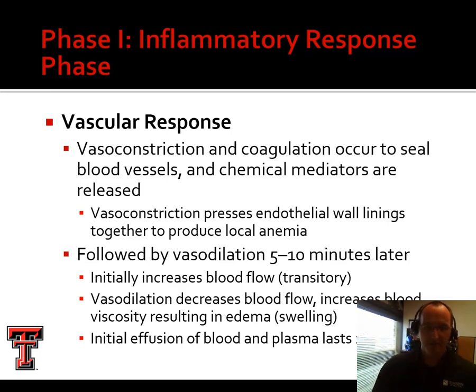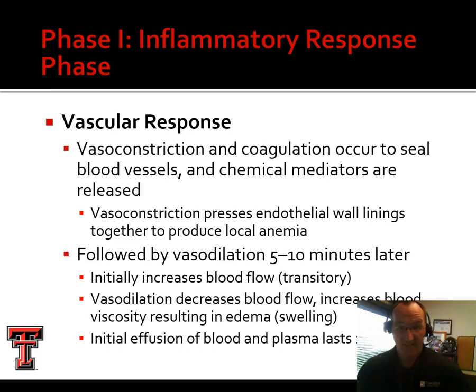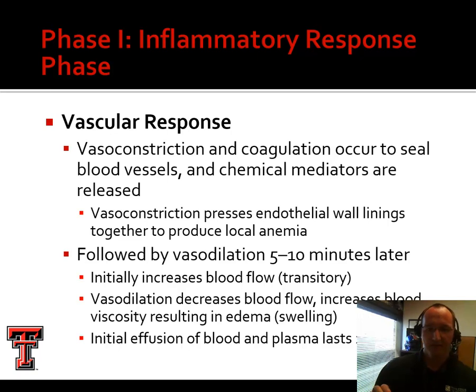Say you sprained your ankle. We get an immediate vasoconstriction that the body intends to minimize swelling, minimize damage around the area. And then we get vasodilation. So we see those temporary vasoconstriction responses are reversed.